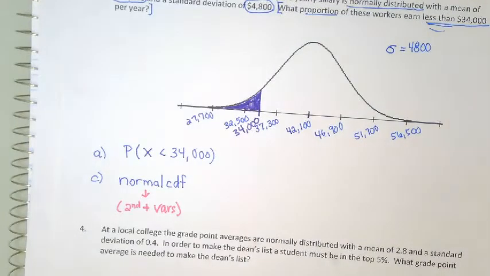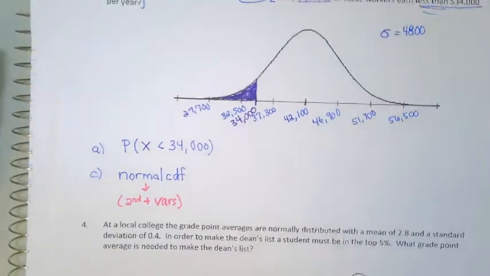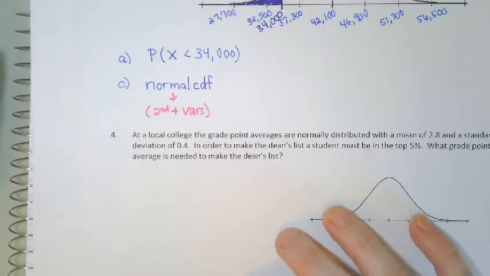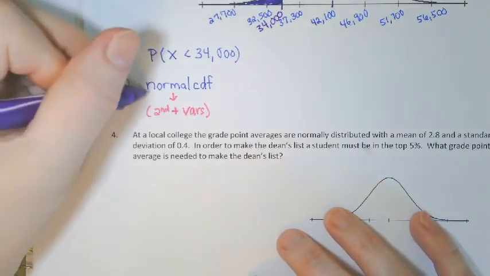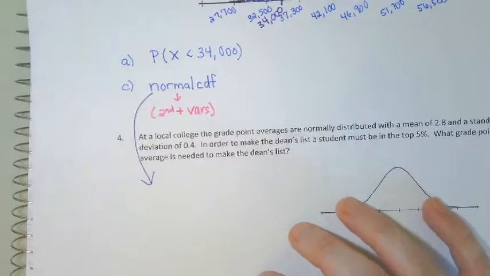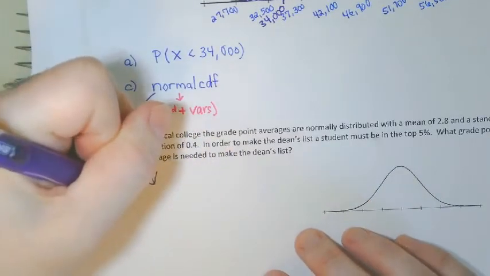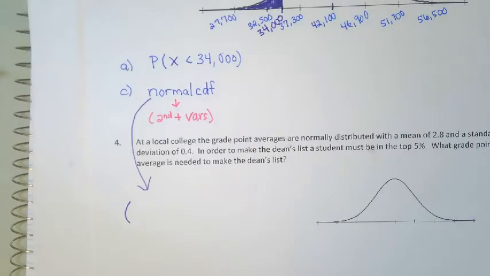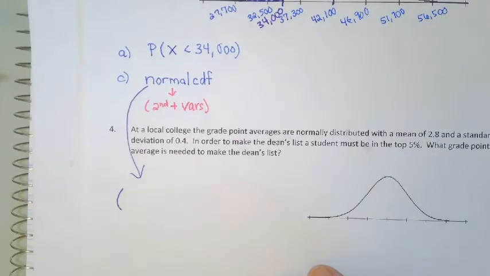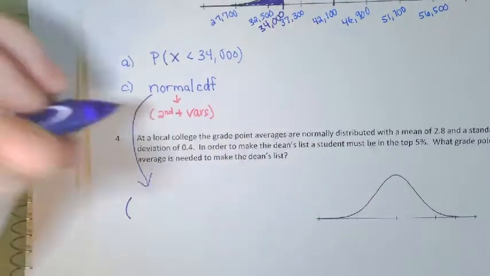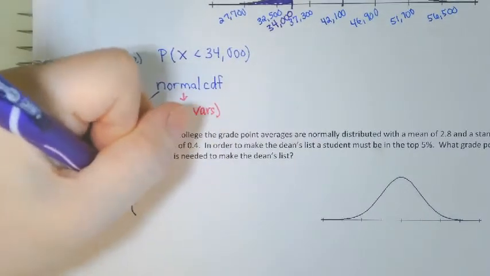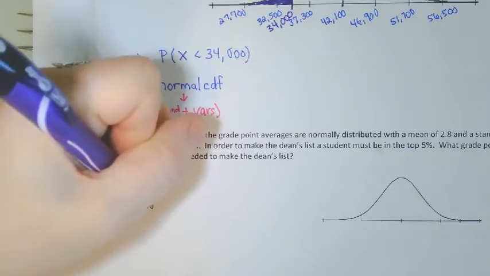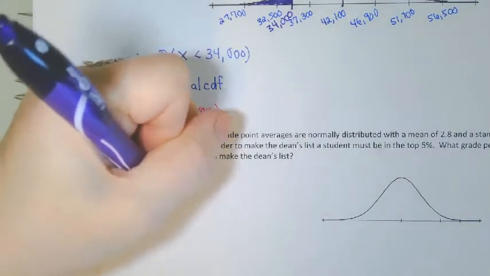Regardless of what version you're working with, you're going to end up with 4 values with commas between them inside a set of parentheses. The first value you're entering is what's called the lower bound.